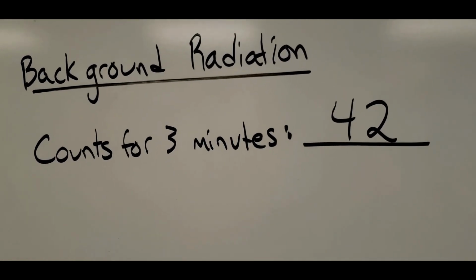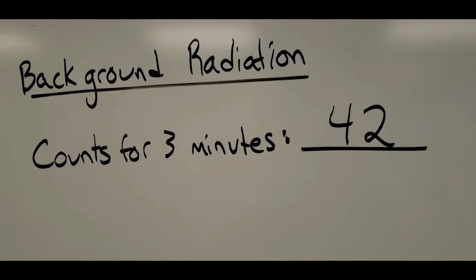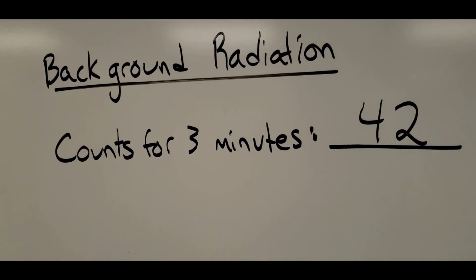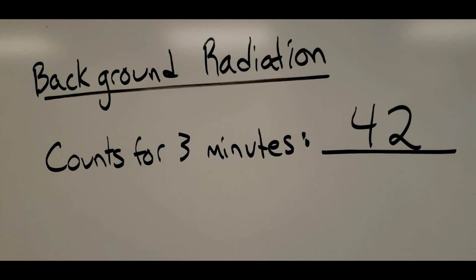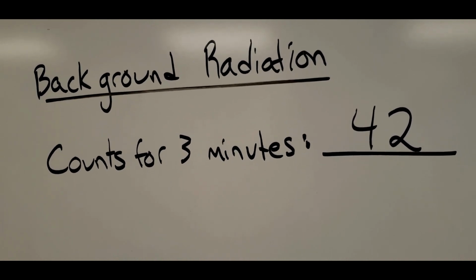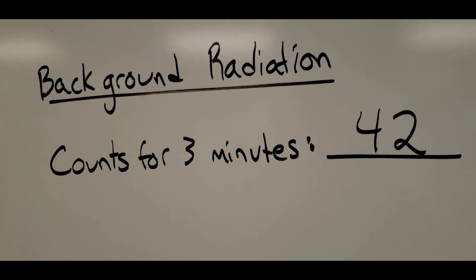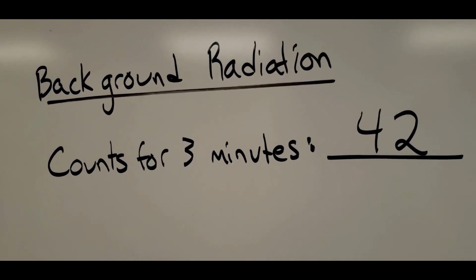When we hit that 3-minute mark, instead of shutting off the timer, I shut off the phone. I was really happy that it was at 42, because that's easy to divide by 3. But there's the background radiation. Counts for 3 minutes were 42.